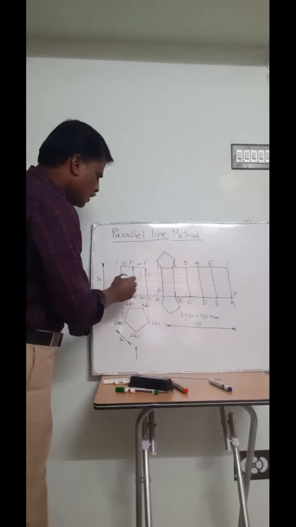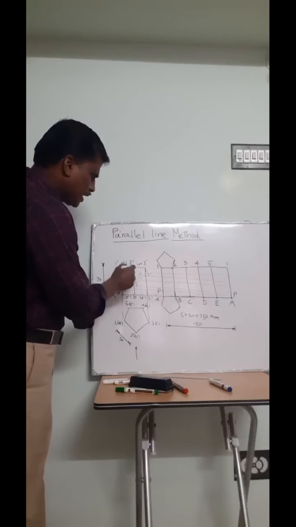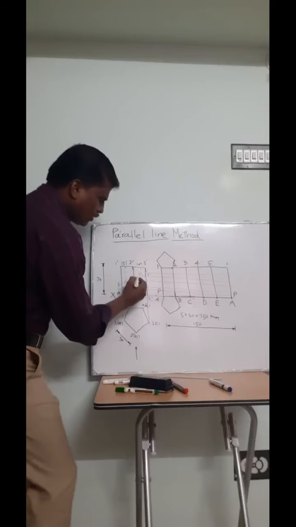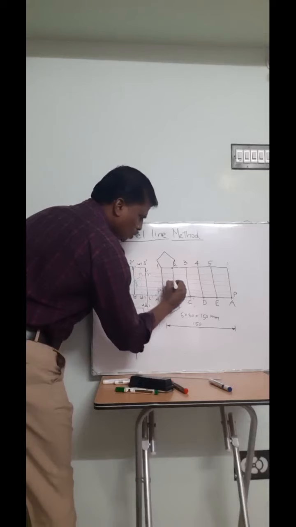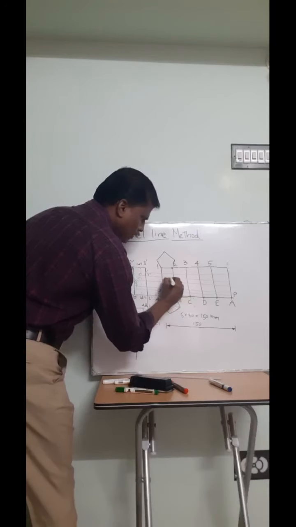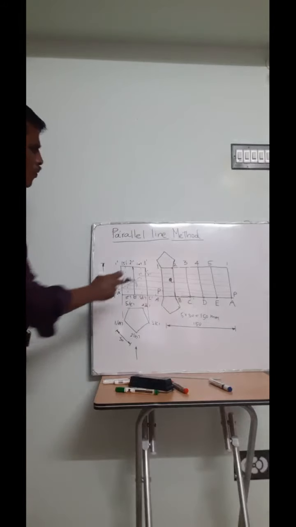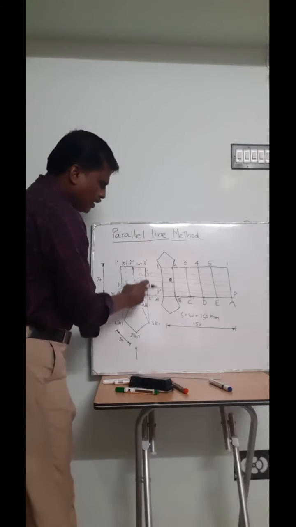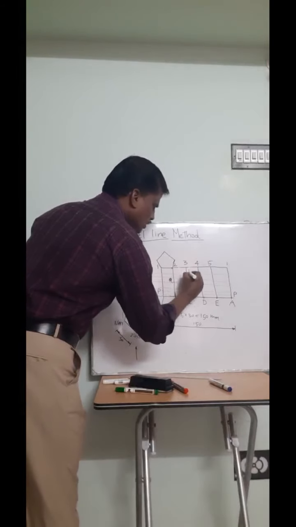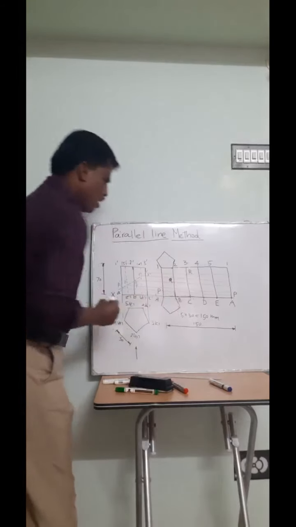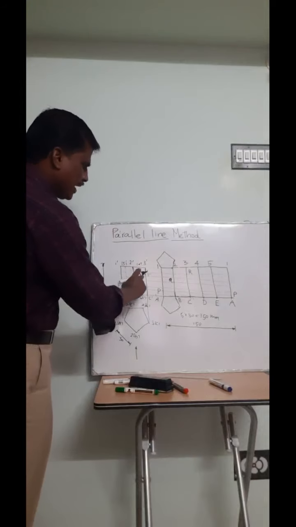Then to mark the point Q, where is it cutting? In between 2 and B. Therefore, from Q dash go up to 2B. This is my point Q. Where is point R? In between 3 and C. From R dash go, this is my point capital R. Where is point S?